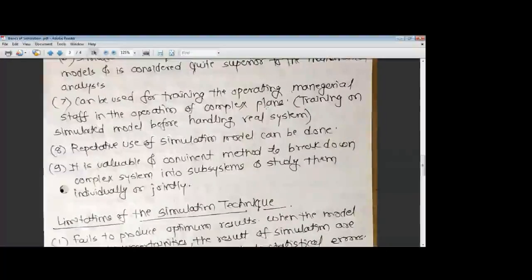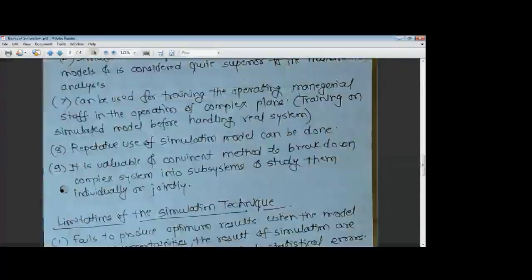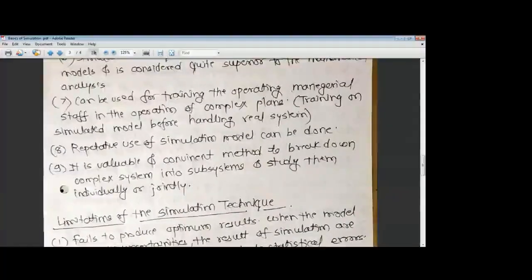Normally in the aeroplane industry, this type of simulation is done in many situations, where the operating or managerial staff are given training using the simulation system.